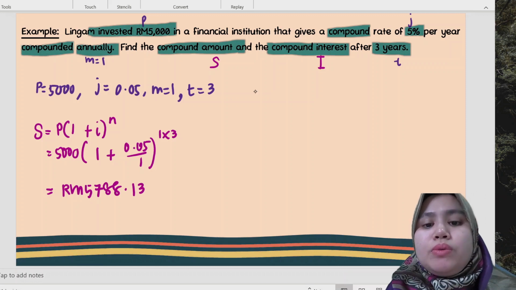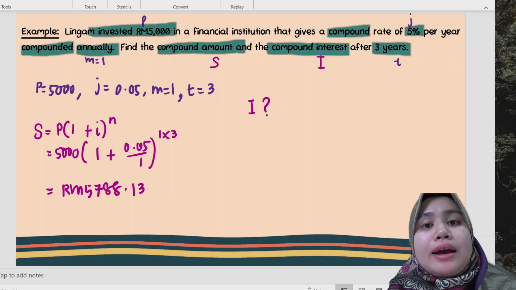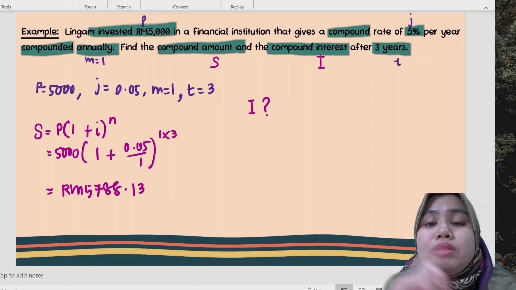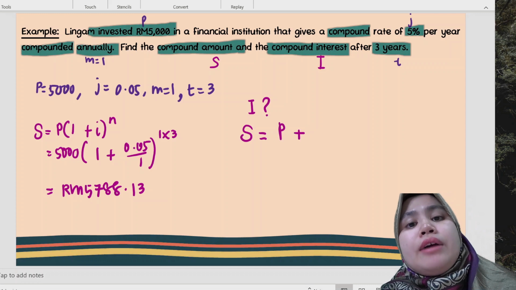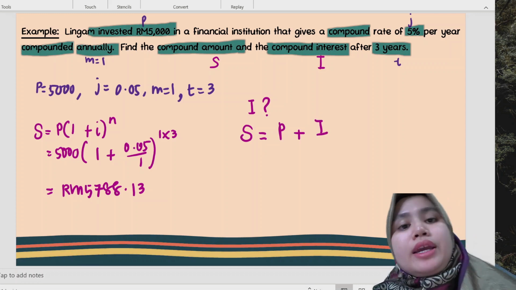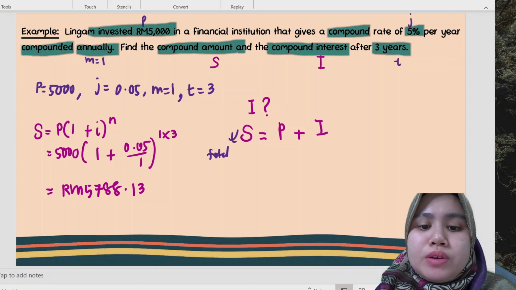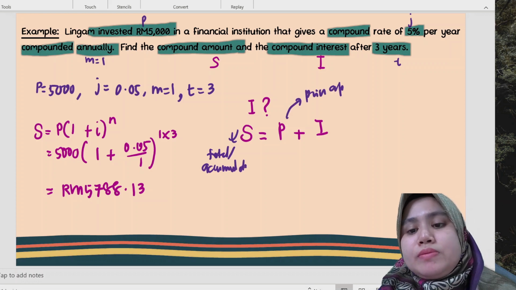So now you want to find I. This concept is just the same as for simple. Your S is the sum of your principal and the interest that you get. S is your accumulated, the total or accumulated. This is your principal.